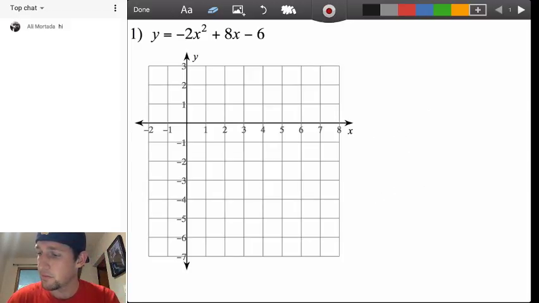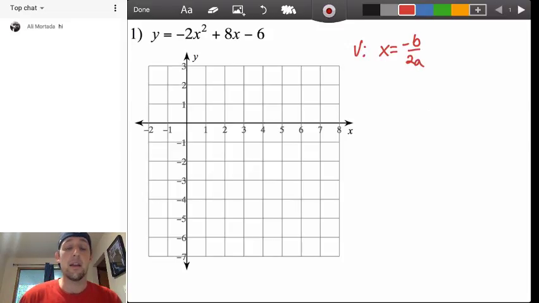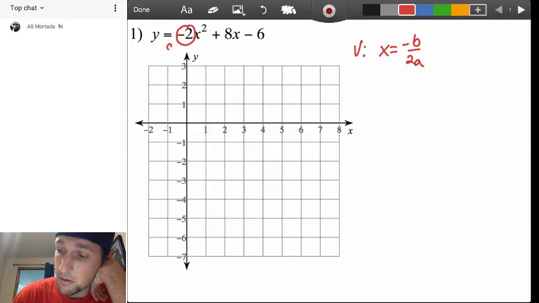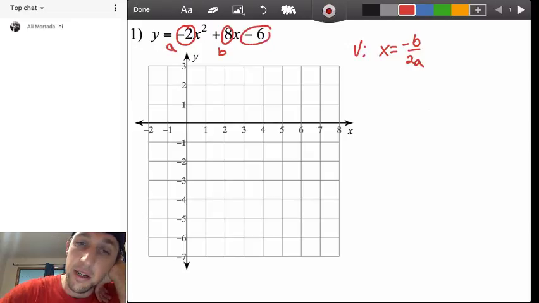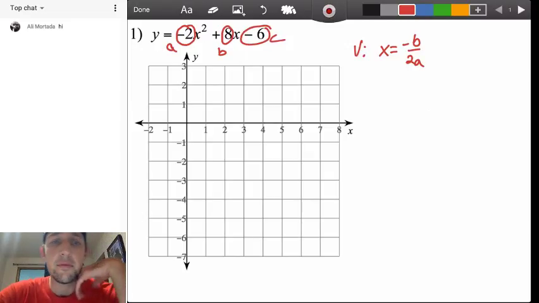We start by finding the x value of our vertex, which is negative b over 2a. Those values are labeled the exact same way they would be in the quadratic formula. So I'm going to circle: my a is negative 2, my b is 8, and my c is negative 6.